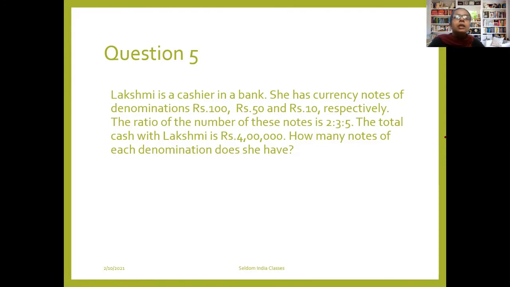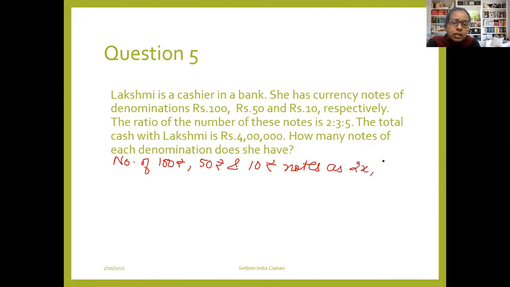Now here we have the ratio of the notes. So what we can do is take the number of 100 rupee, 50 rupee and 10 rupee notes as 2x, 3x and 5x respectively.